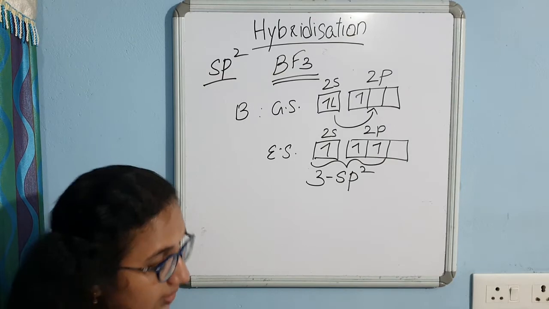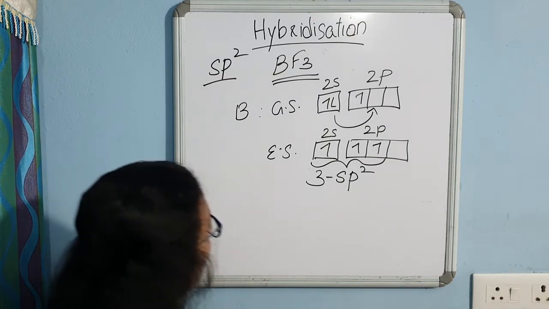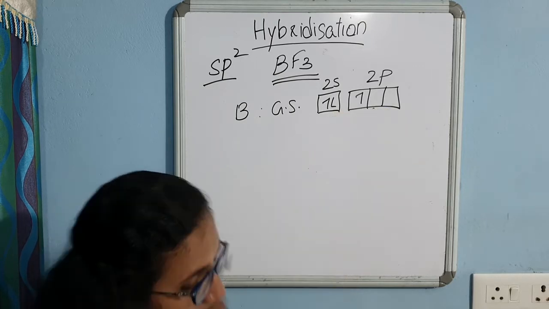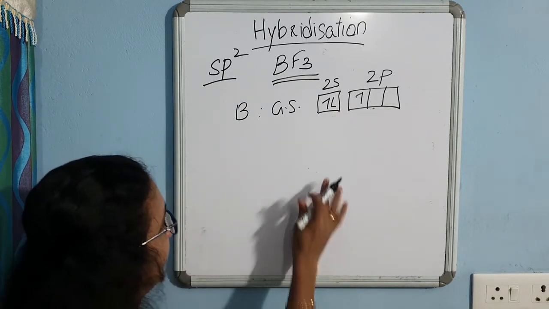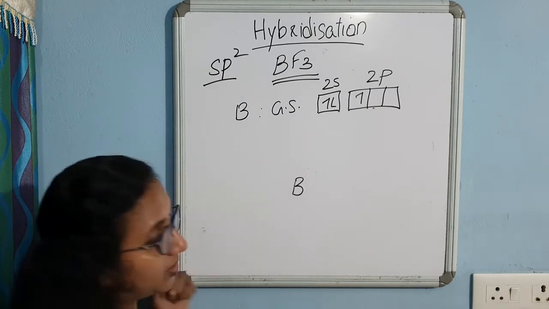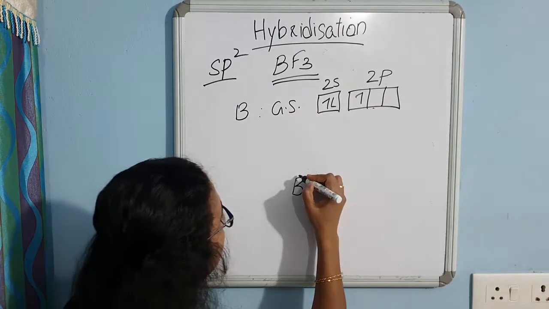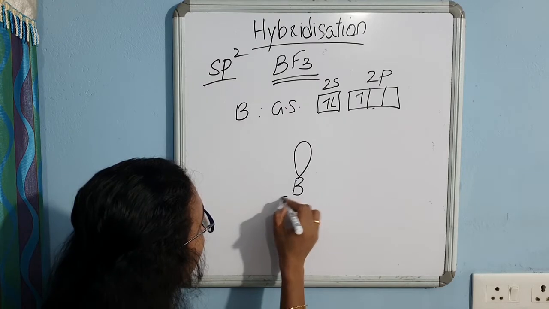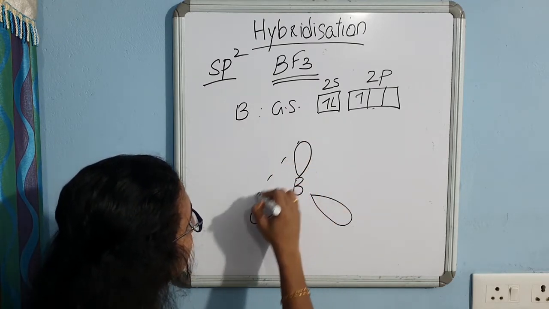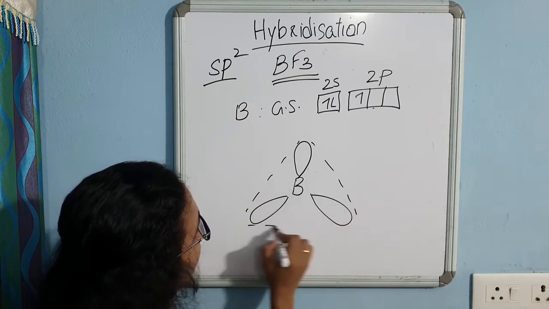Since we have 3 orbitals, they will arrange around the boron atom to have minimum energy, and the best possible method is to arrange in a trigonal planar manner so that they can have minimum repulsion.